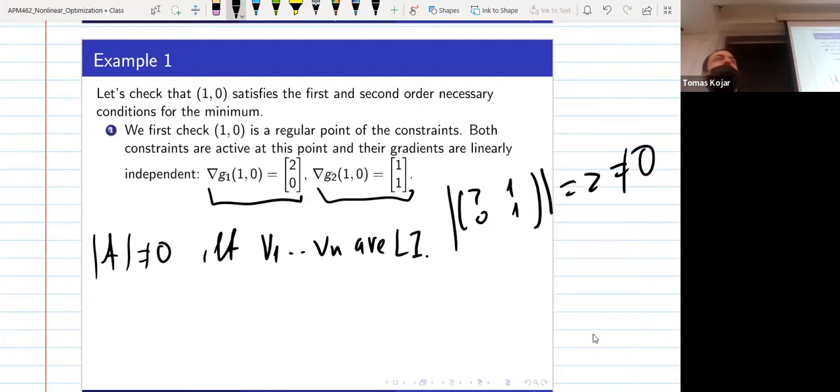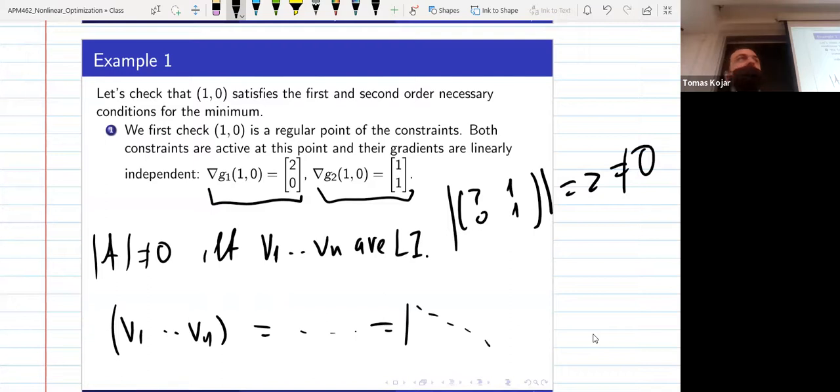So one way I think is you do row echelon. You start with V1 to Vn, and you keep doing row echelon until you get to the standard basis, and then they both have to have the same span. You can do it like that. Okay, fine.